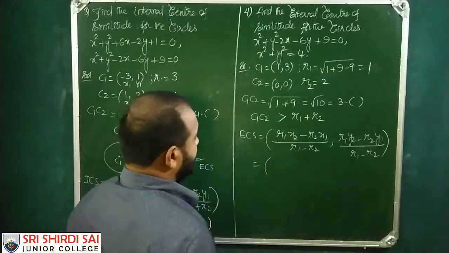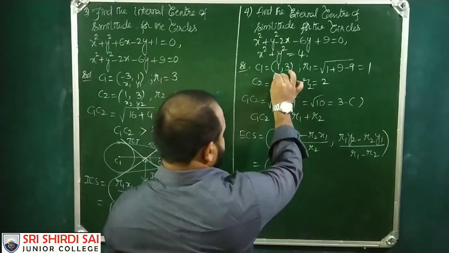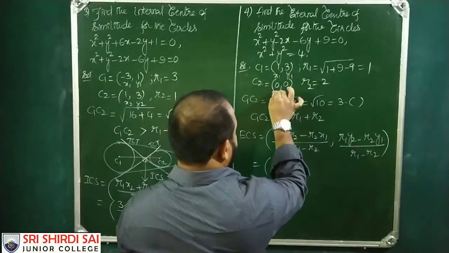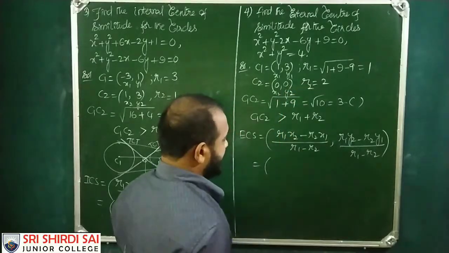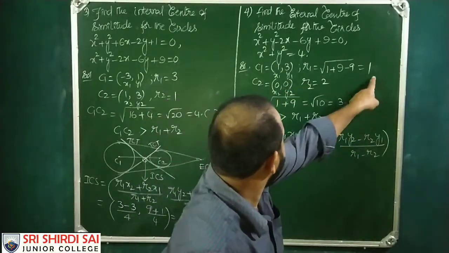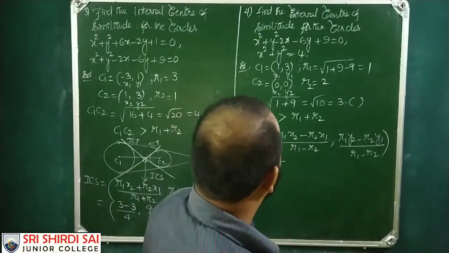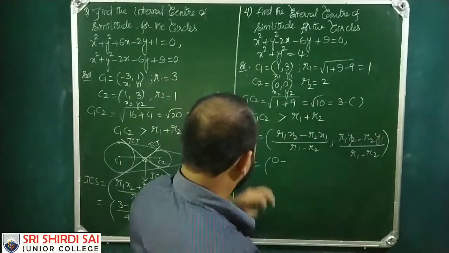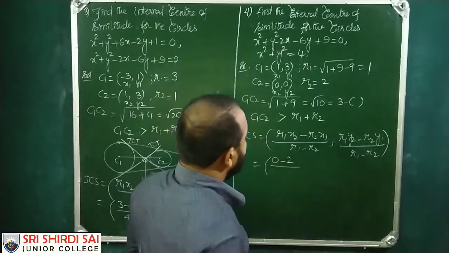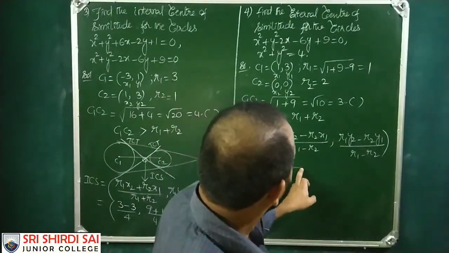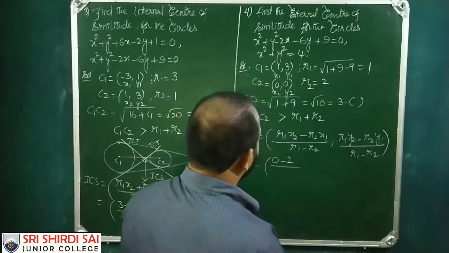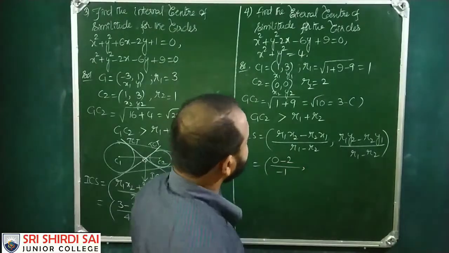So this is x1 y1, this is x2 y2. r1 x2: 1 into 0, minus r2 x1: 2 into 1, by r1 minus r2: 1 minus 2, which is minus 1.